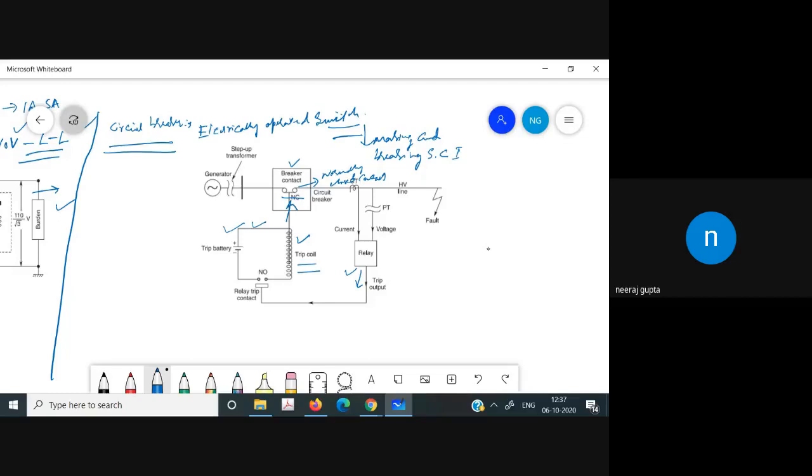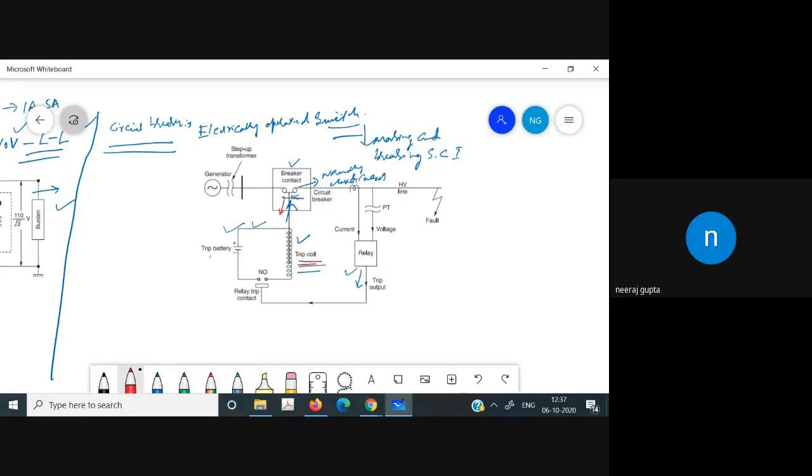In order to trip the circuit breaker, it is necessary to release the latch either manually or by energizing this trip coil of the circuit breaker.